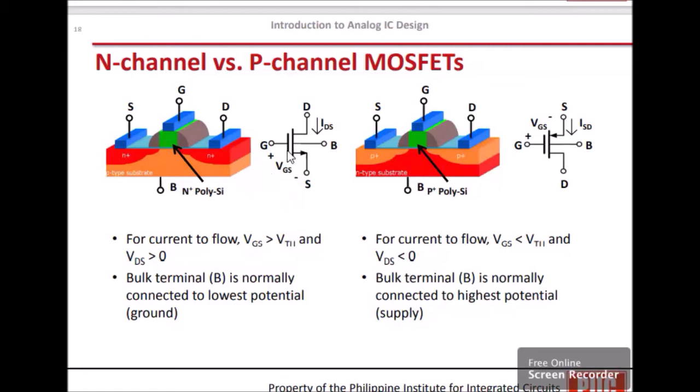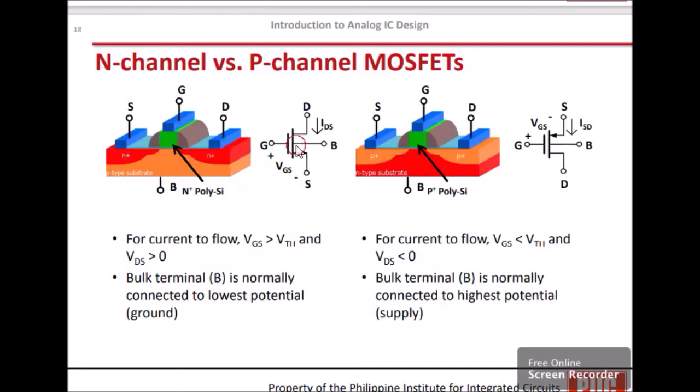Okay? So, ito lang yung kanyang symbol. So, this is for your N-channel. This is for your P-channel. So, notice the difference sa symbol. Actually, marami tayong symbol for NMOS and PMOS. May isa na kapag NMOS, meron siyang bilog somewhere dito, makikita nyo mamaya.